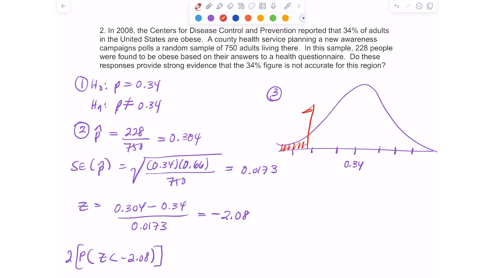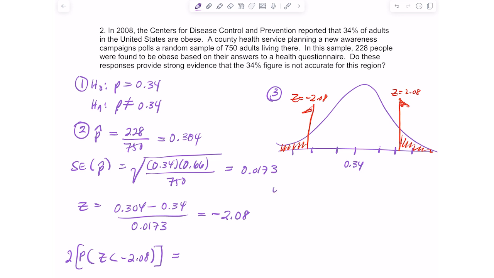So we'll go 2.08 on the left, 2.08 on the right, and we shade right and left. So I'm looking for one of those areas, and I'll just double it. So I'm going to look for where Z is less than negative 2.08.